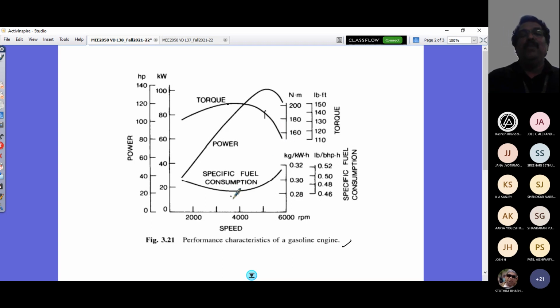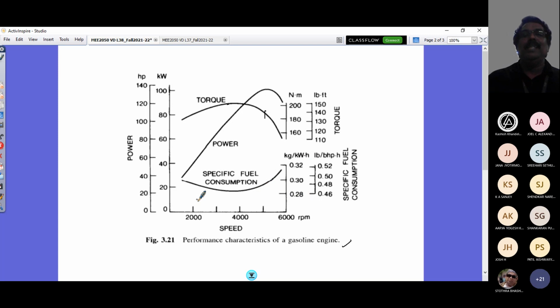From the fuel economy point of view, in this intermediate speed range you have good fuel economy, given by the specific fuel consumption, which is defined as the mass of fuel required per kilowatt hour of power.